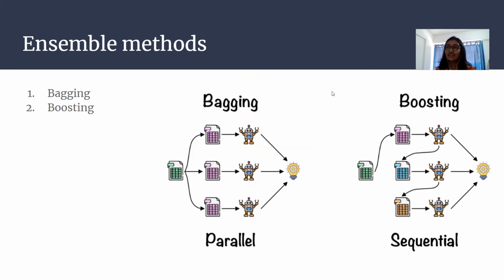Now, bagging creates a different training subset from the sample training data with replacement, and the final output is based on majority voting. So as we had even seen in KNN, there is a criterion of majority voting over there too, right?